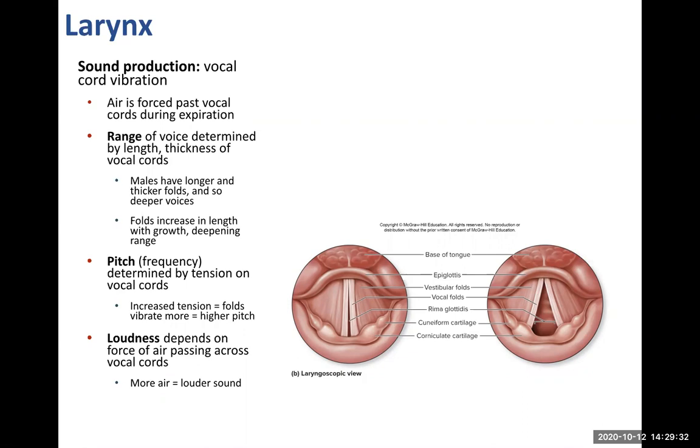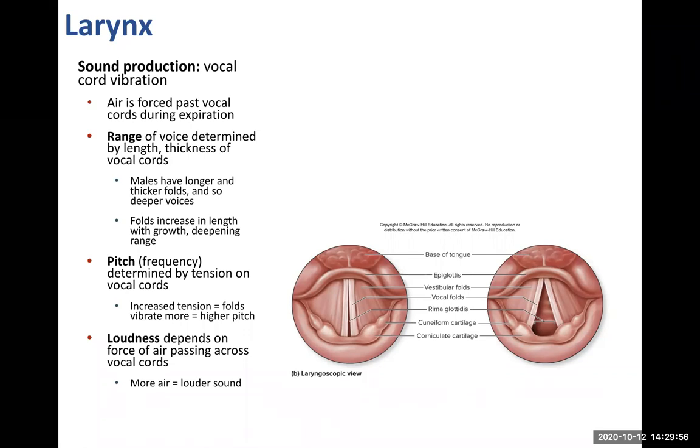And so the pitch of their voice drops because the frequency of the vibration is lower, and the range also becomes more baritone. So the range of a voice is determined again by the length and thickness of the vocal cords, and genetic males have longer and thicker folds.